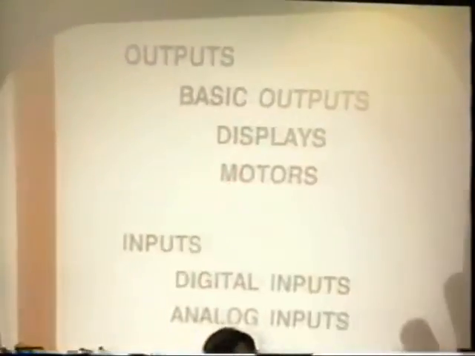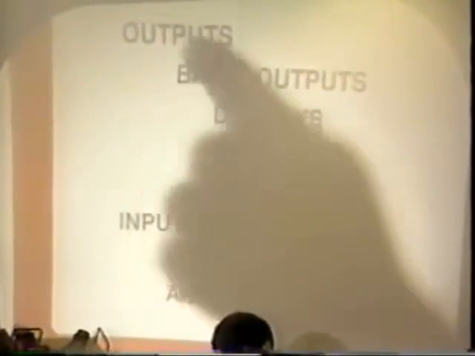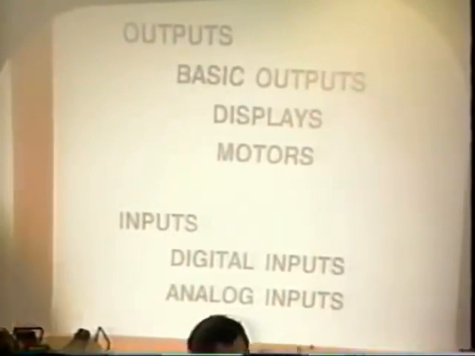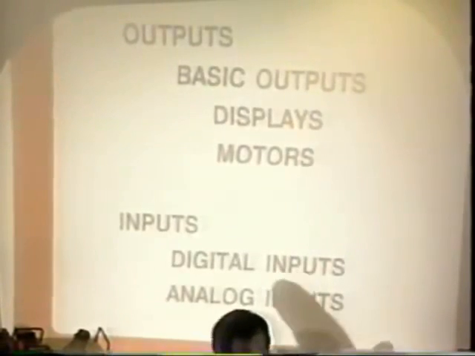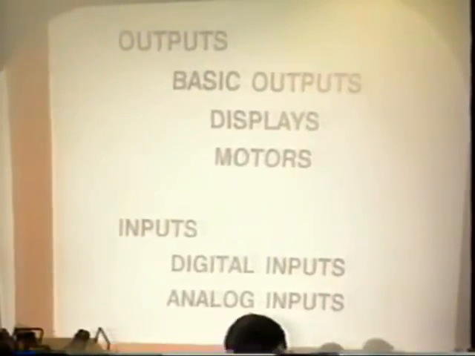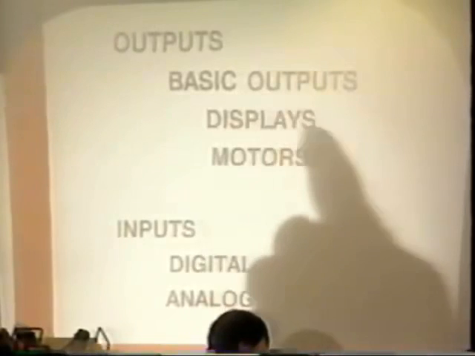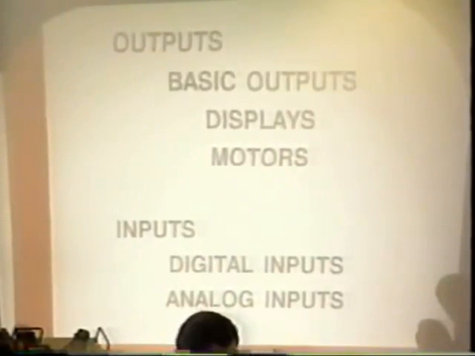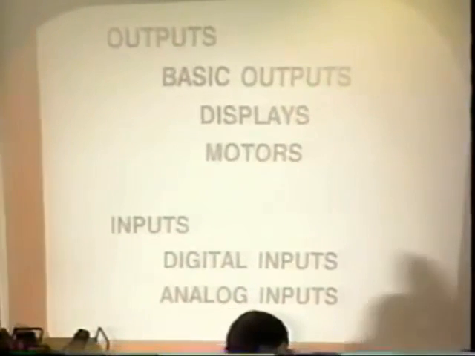I divided everything into 2 sections, and we're going to look at some output circuits where you can control things from your computer, and inputs where you can read things into your computer. Such outputs are basic circuits that we'll look at, and displays like liquid crystal displays and LED displays.